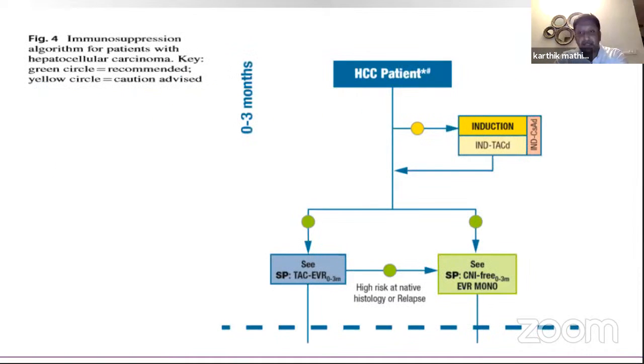Like I said, in HCC patients in particular, we always introduce the mTOR inhibitor to prevent recurrence. So if there is high-risk native histology or relapse, then going for a totally CNI-free everolimus monotherapy is also justified when a patient has HCC. It depends upon his tumor profile, AFP, your PIFCA scoring and so on.